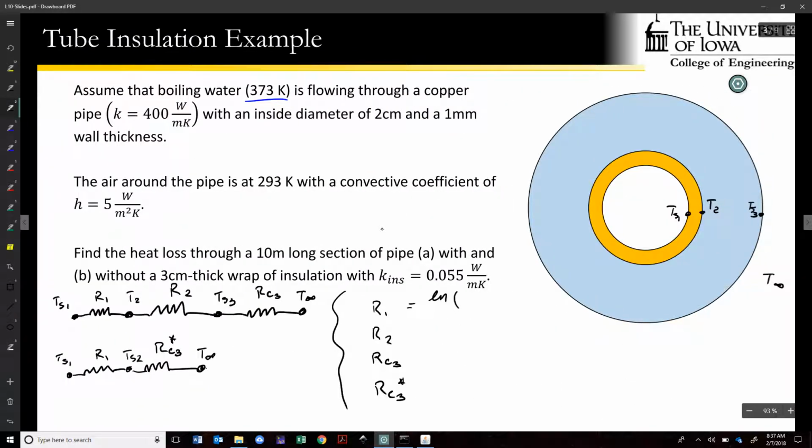So we end up with ln of R2 over R1. If the inner radius is 1 centimeter and this is a 1 millimeter thick wall, then the outer radius is 1.1 centimeters. So R2 over R1, the outer radius of the pipe divided by the inner radius, is going to be ln 1.1.